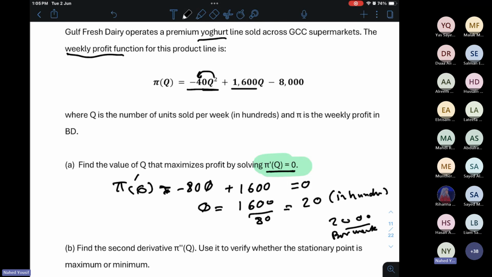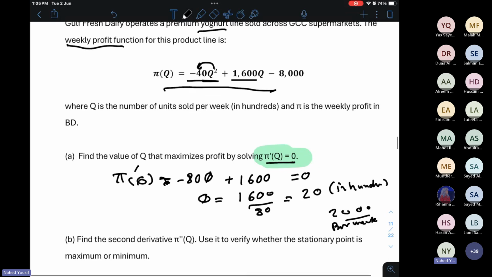So this is what will be maximized. Is it clear? We just have to set the first derivative equal to 0 and solve it: differentiate, then make it equal to 0. Is it clear? Give me a thumbs up so I can continue to the second part.